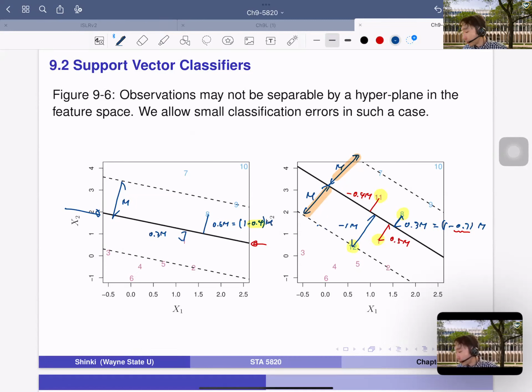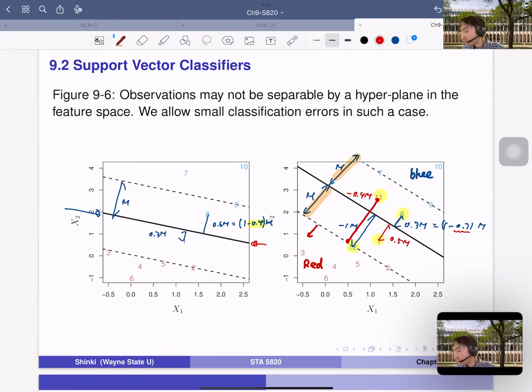So think about this observation 11. At first, this is the area for red points, and this area is for blue points. That means this observation 11 violates the condition because it is not within this range. So how much does it violate?